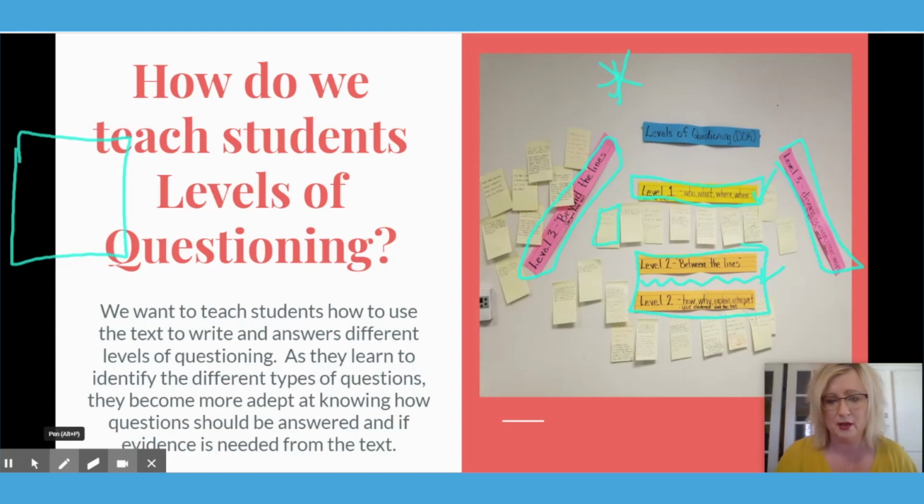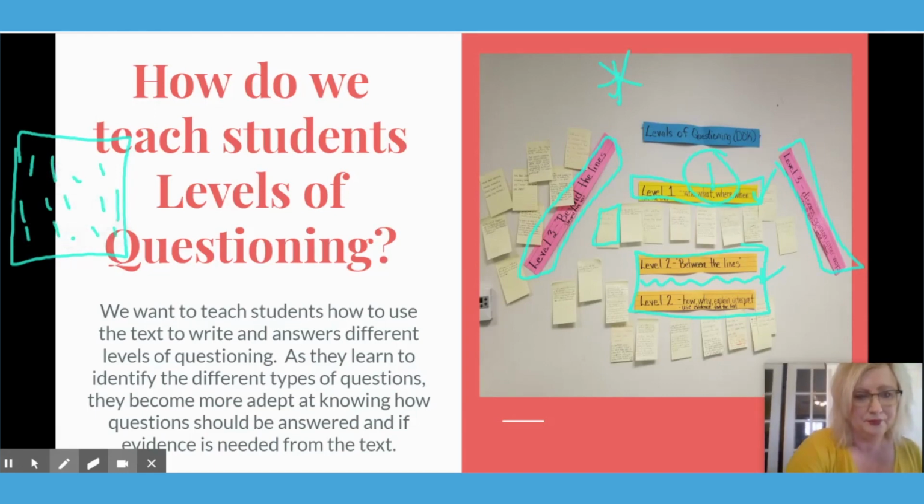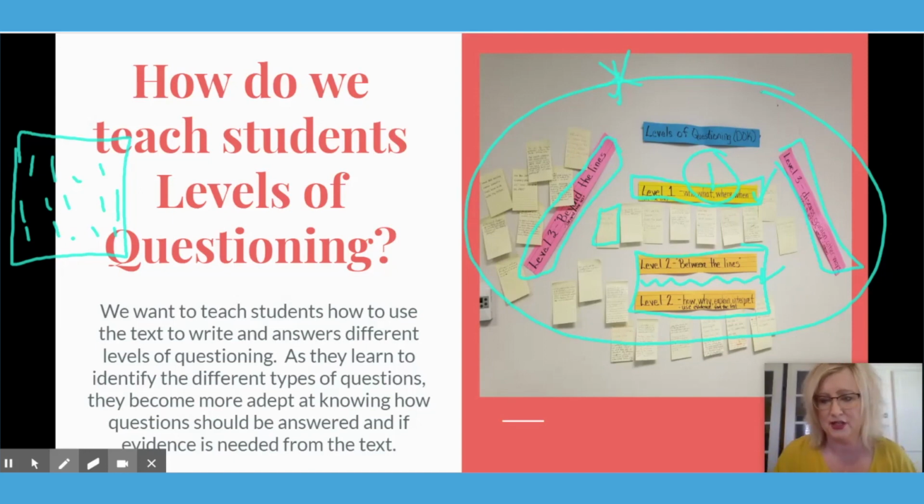One way would be get every single group to write a level 1 question. Get them to post all of their questions separate from this display. And then let each group go back and pick a question that they didn't write and go back and answer it. Once they answer it, then they can post it here.